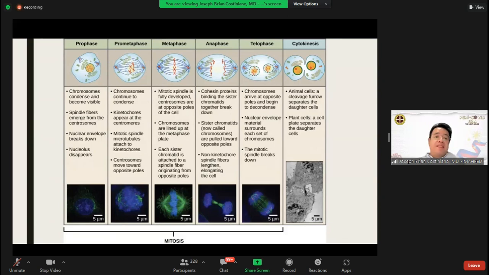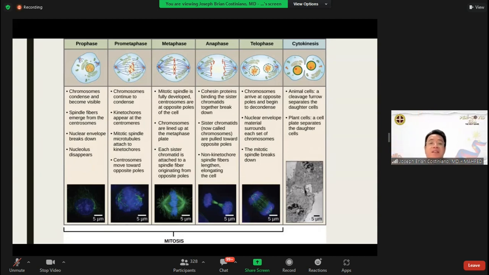Okay? Metaphase. So sa prophase, what you need to remember is condensation of your chromosomes, and your nuclear envelope and your nucleolus begin to disappear. In your metaphase, ang usual na lumalabas is itong pag fully developed ng mitotic spindle, and also that the chromosomes are lined at the center of the metaphase plate.